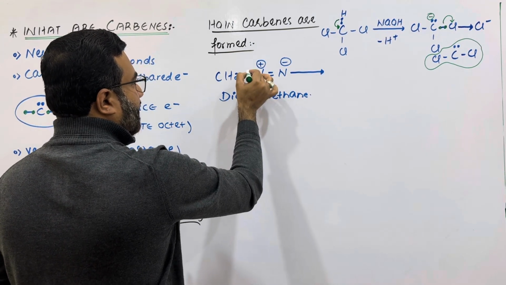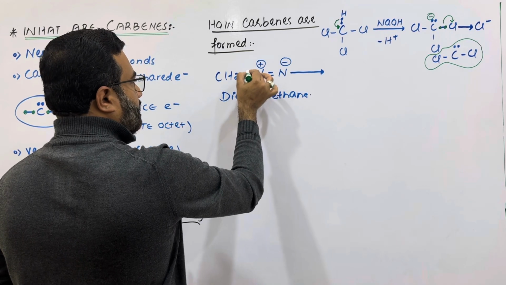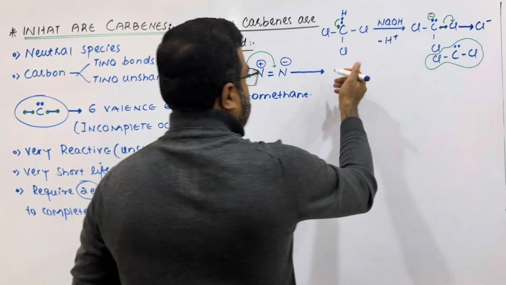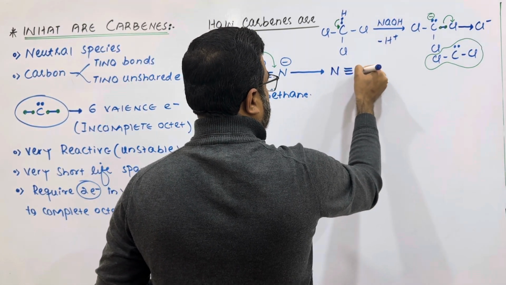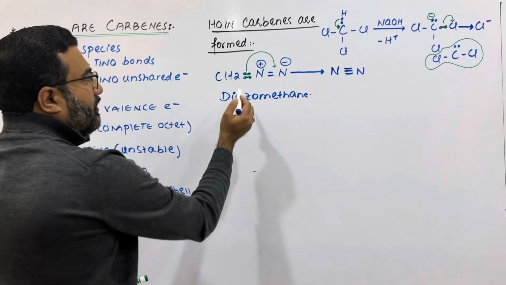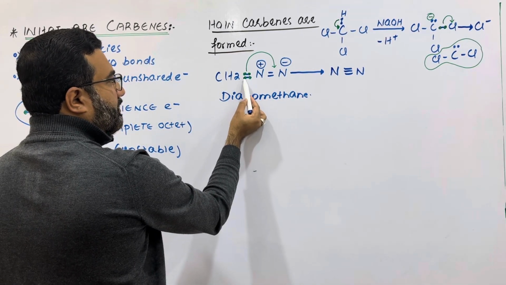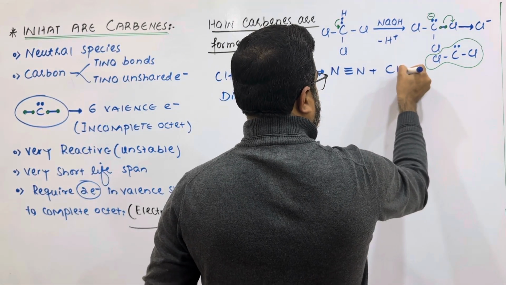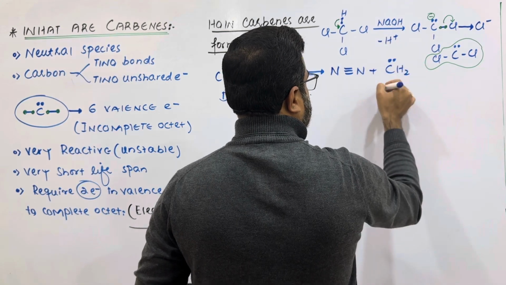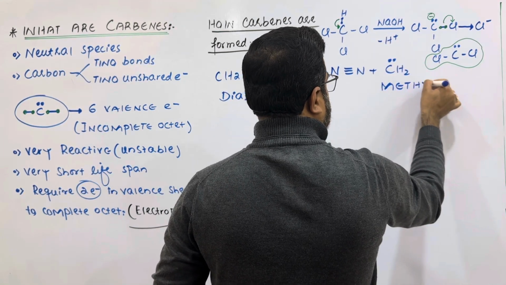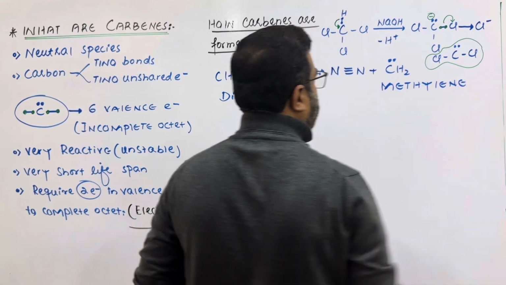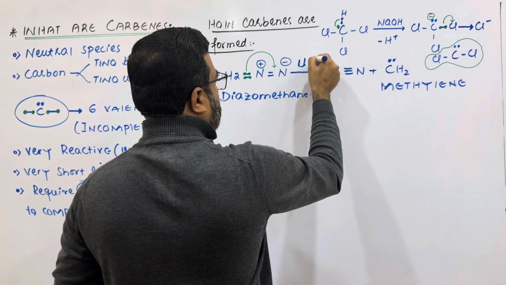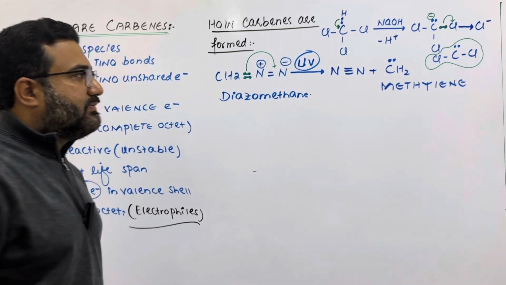So, nitrogen will take two bonding electrons to form another bond between two nitrogen atoms, and it will become N triple bond N. And now, when it takes two electrons out of these four bonding electrons with it, the remaining two electrons will be with carbon, and it will become something like this. And this one is a very important carbene, that is methylene. And when this diazomethane is exposed to ultraviolet radiations, then this reaction takes place and the carbene is produced.